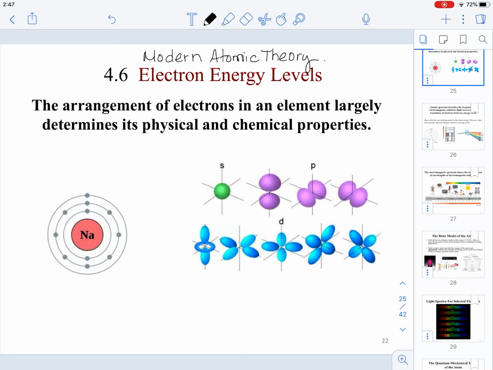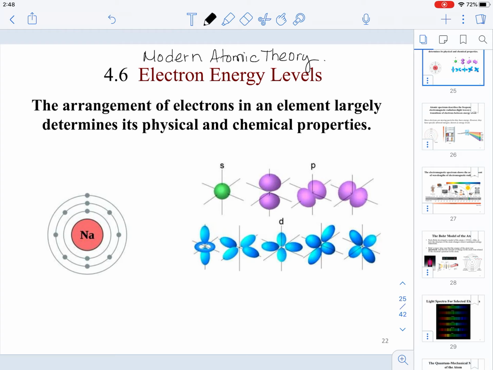Early atomic theory established that atoms in an element are formed by three subatomic particles. In the nucleus, we can find protons and neutrons. Around the nucleus, we can find the electrons.